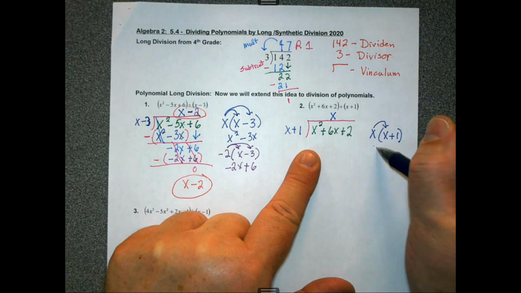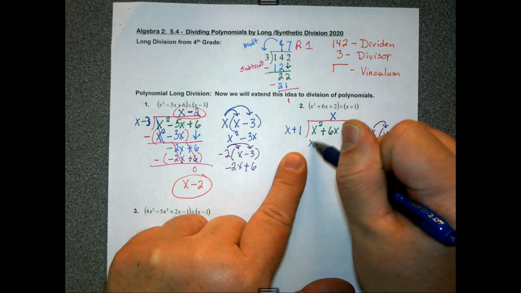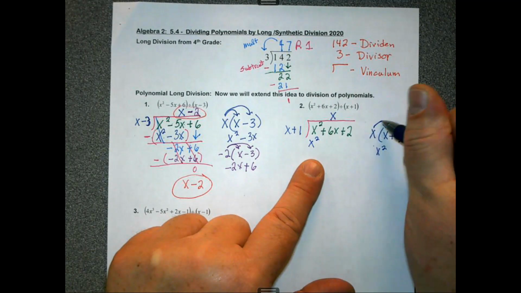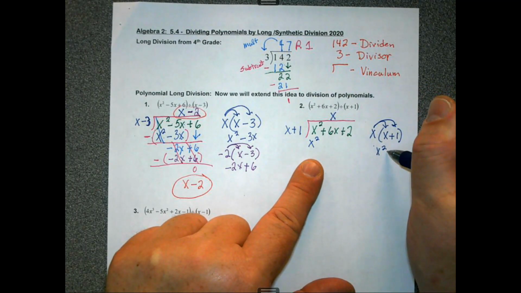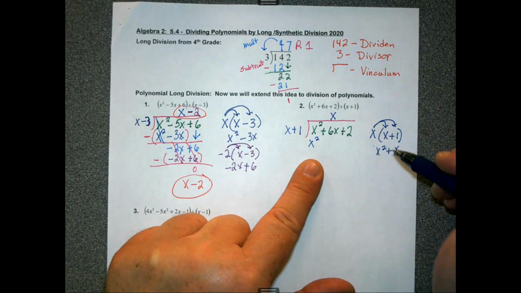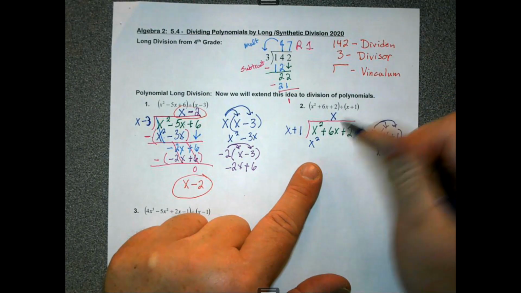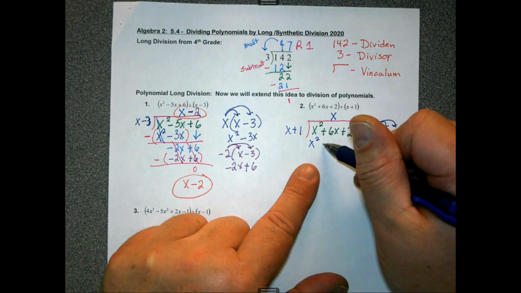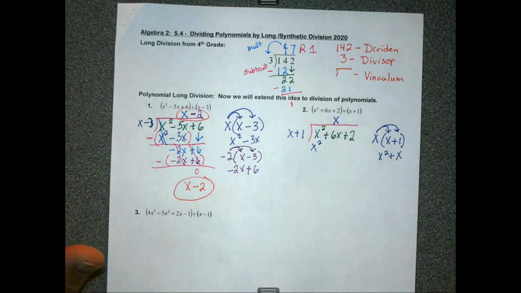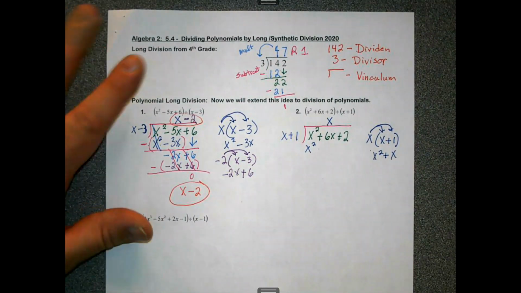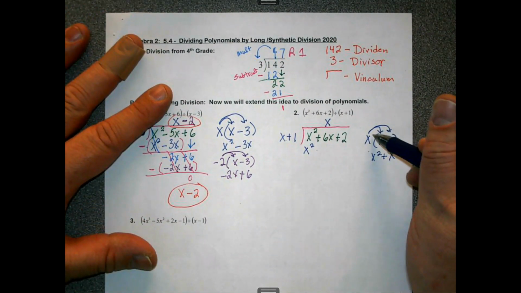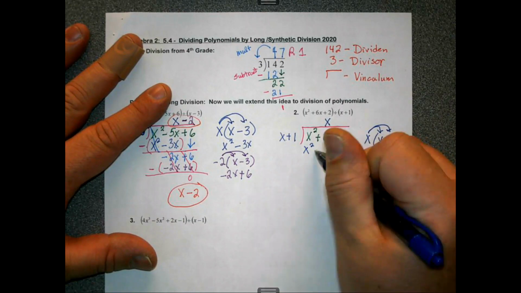X times x is x squared. X times 1 is x, so plus x.